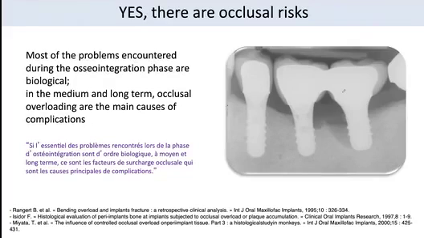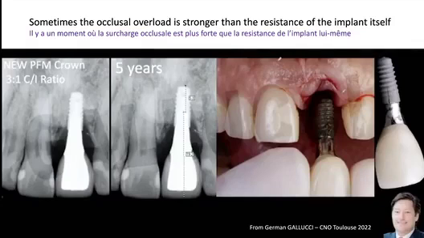We have also sometimes a biological risk. But we have to discuss today the mechanical risk. Sometimes the occlusal overload is stronger than the resistance of the implant itself. And you can have something which is difficult to diagnose, like a break here on this implant.